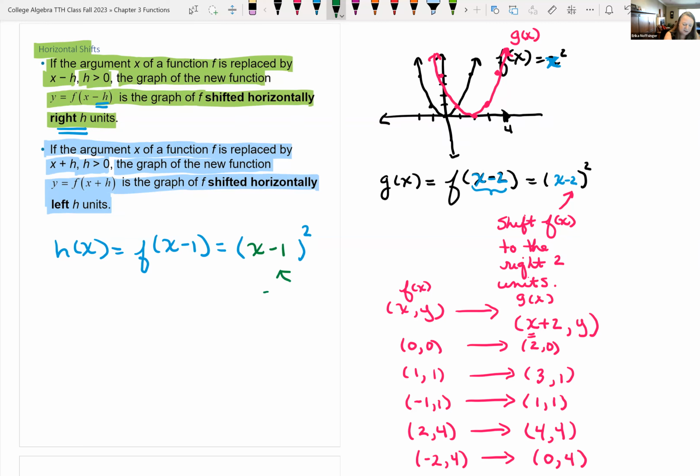And so this shifts it horizontally to the, oops, I wanted to do plus. I wanted a positive number. So let's just change that to a plus 1. This shifts it horizontally to the left one.